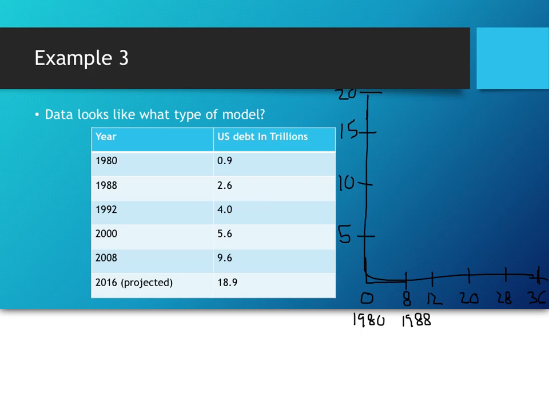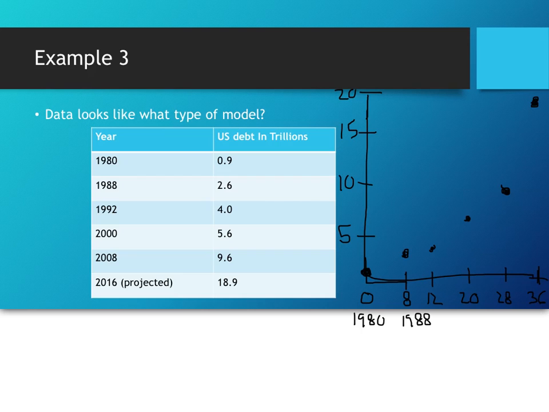So 0 and 0.9, we get something here. 88, 2.6, we get something there. 92 and 4.0, get something here. 5.6, 9.6, 18.9. It looks like that.